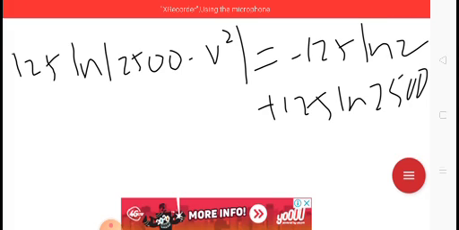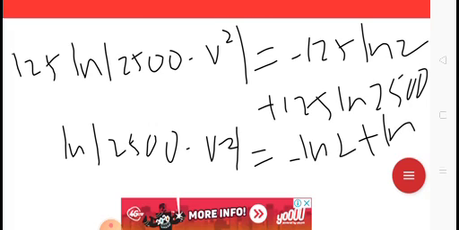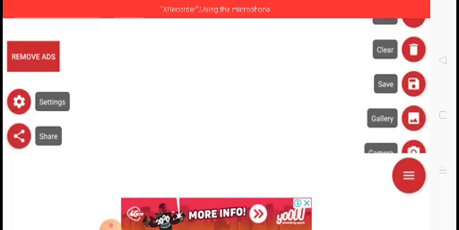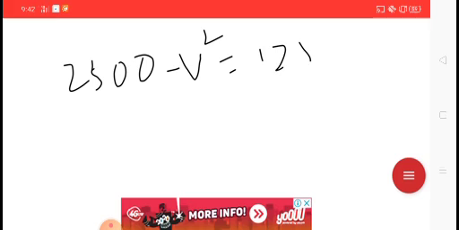Simplify, you may have ln 2500 minus v squared is equal to minus ln 2 plus ln 2500. Okay, so simplify some more. You may get 2500 minus v squared is equal to 1250.